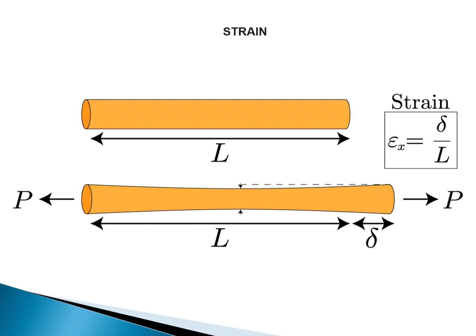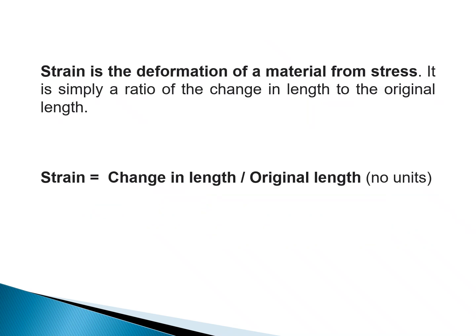This is a measure of the percentage of elongation a material undergoes with the applied load. So strain is the deformation of a material from stress. Since both the numerator and denominator are in the same units, there are no units for strain. Usually strain is expressed as a percentage.